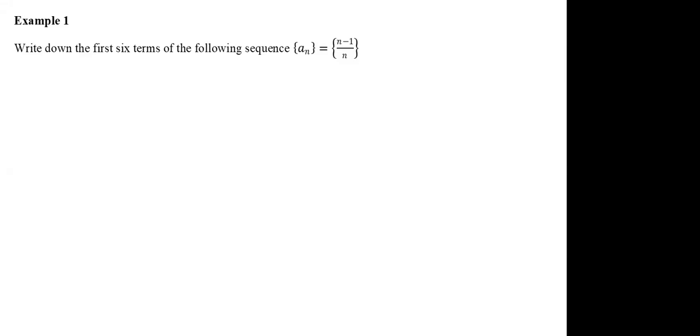The second term, A2, is going to give me what? 1 over 2. That is 2 minus 1 divided by 2. Are you with me? Are you getting it?